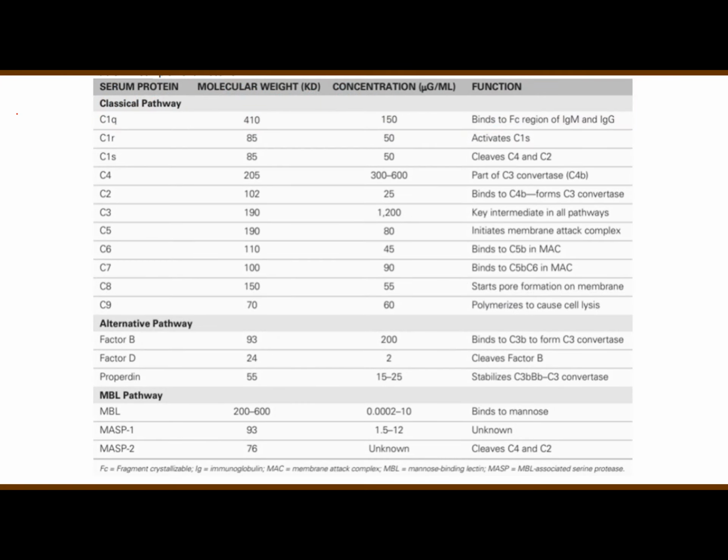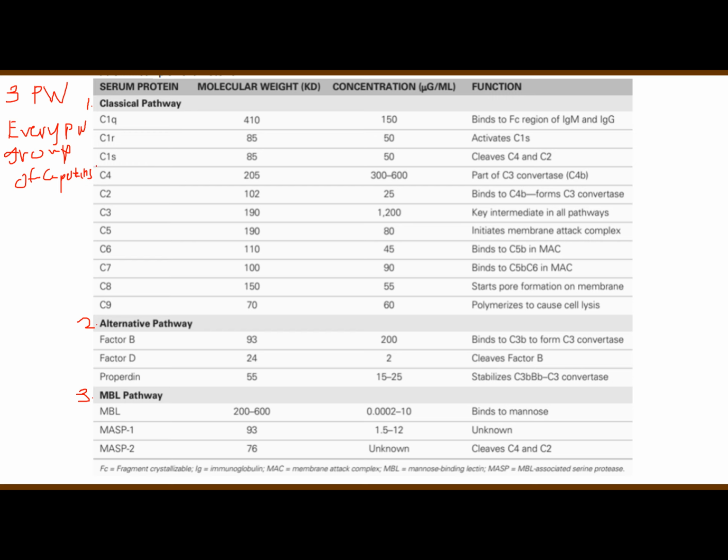Now, please take note, class, that in the complement system, there are three pathways. Now, what are these three pathways? We have number one, the classical pathway, number two, the alternative pathway, and number three, the MBL or the mannose binding lectin pathway. Now, for every pathway, class, there is a corresponding group of complement proteins.